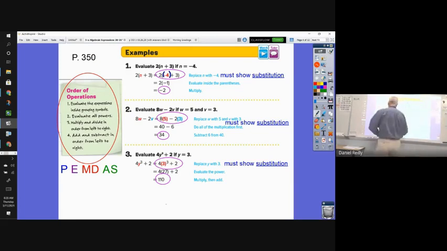So that means 3 to the third power is your exponent operation, which you have to do first. 3 times 3 times 3 is 27. Then you do multiplication and division. 4 times 27 is 4 times 20 is 80, plus 4 times 7 is 28, is 108. Plus 2.